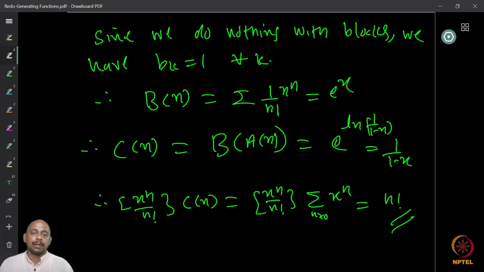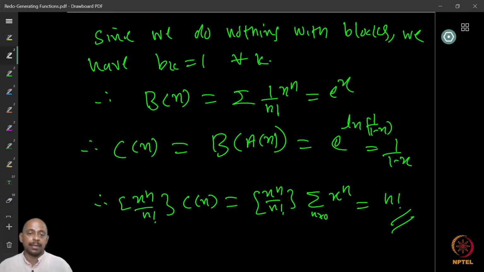Now, what is the coefficient of x raised to n by n factorial in the series expansion of 1 by 1 minus x? 1 by 1 minus x is the summation of x raised to n, but we want the coefficient of x raised to n by n factorial, which is precisely n factorial, because we multiply and divide by n factorial to make the coefficient 1.